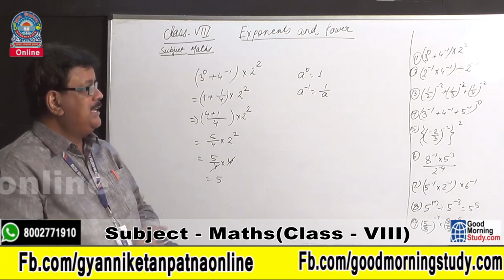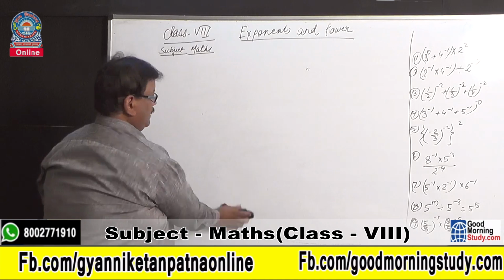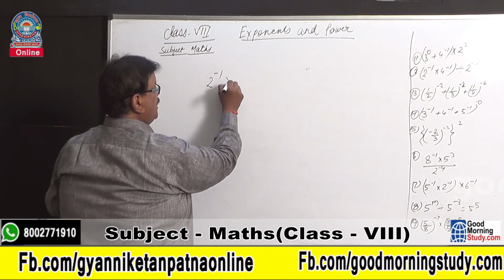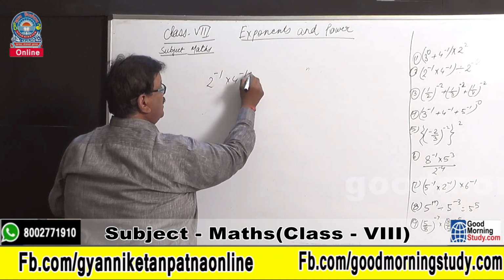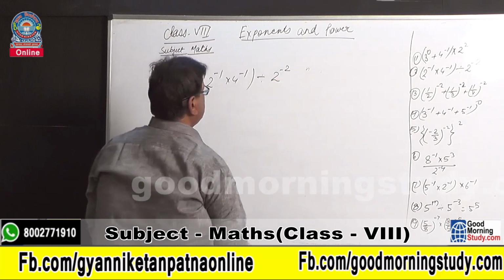Now let us see another example. 2 raised to the power minus 1 into 4 raised to the power minus 1, divided by 2 raised to the power minus 2.